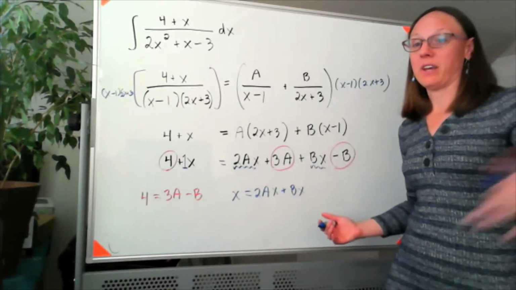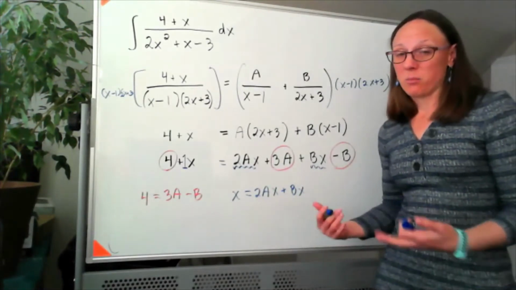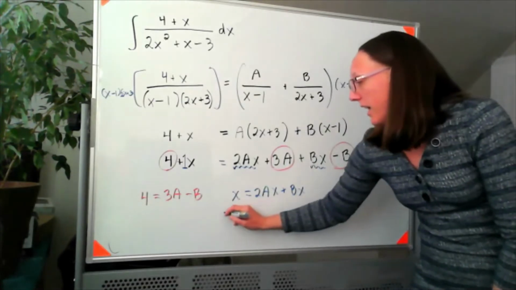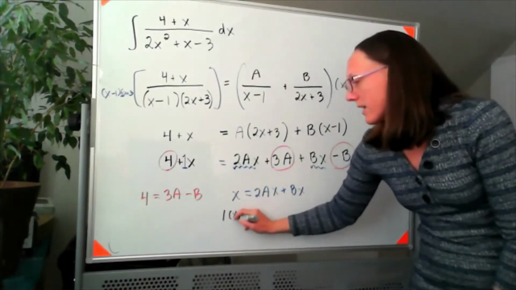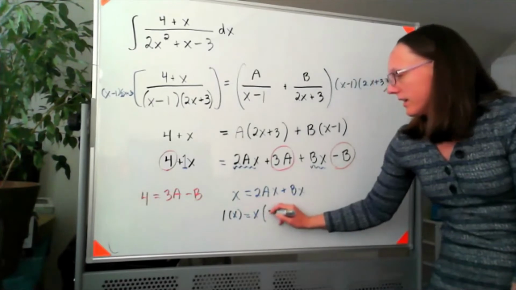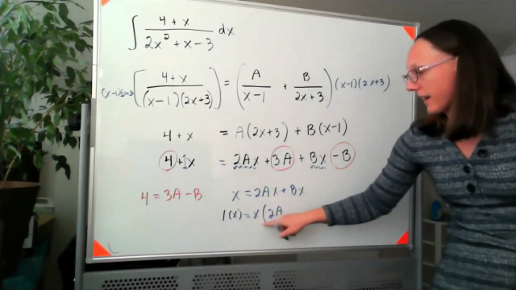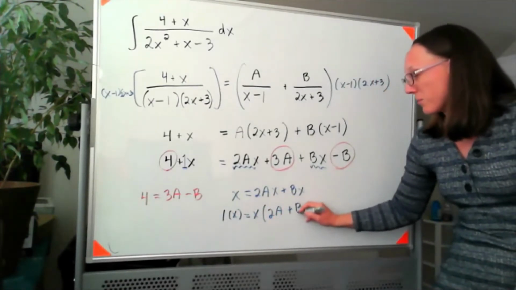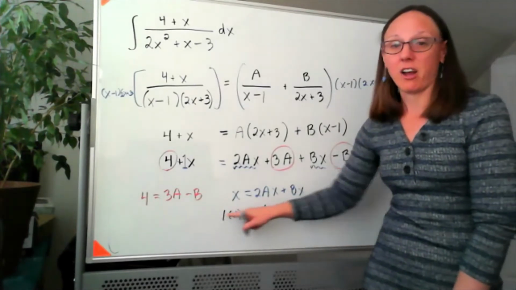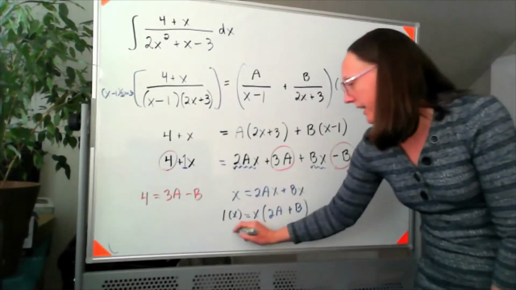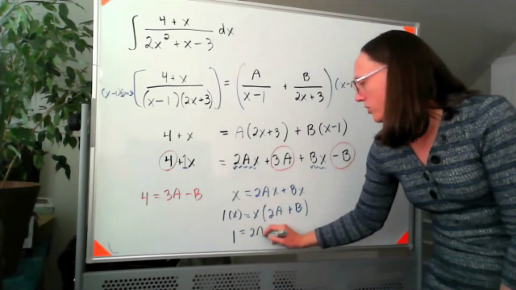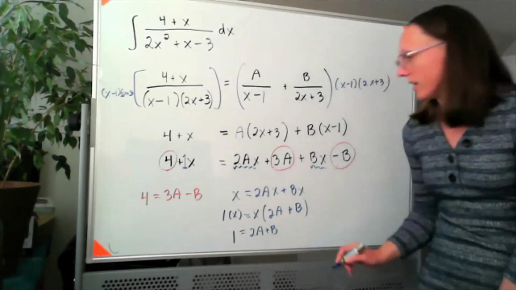Or if we factor the x's out on both sides, I'd have 1 times x is equal to x times 2a plus b. And since I've got an x on both sides, I can actually say 1 is equal to 2a plus b.